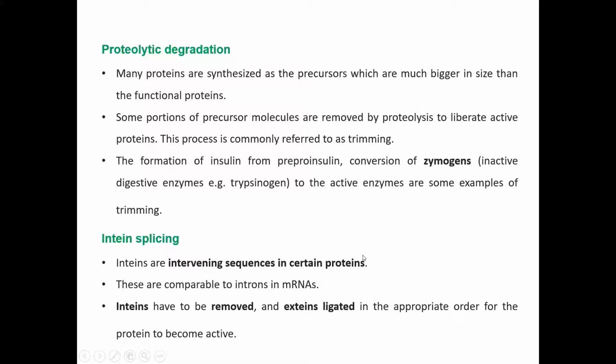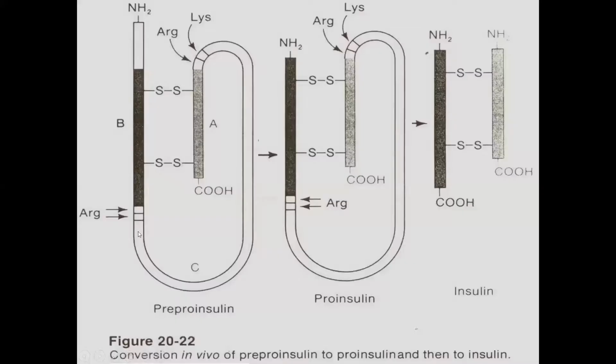Look at this diagram, where this is the pre-pro insulin, which is actually synthesized during protein synthesis. The mRNA is responsible for coding the entire pre-pro insulin, this big. Now if you see this white portion at the terminal end, that is removed.